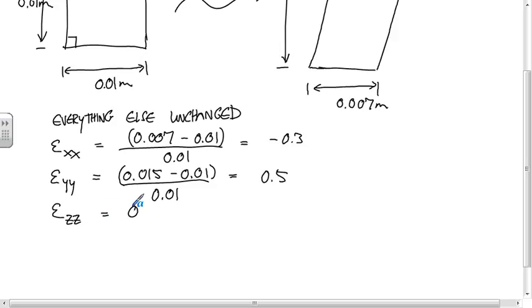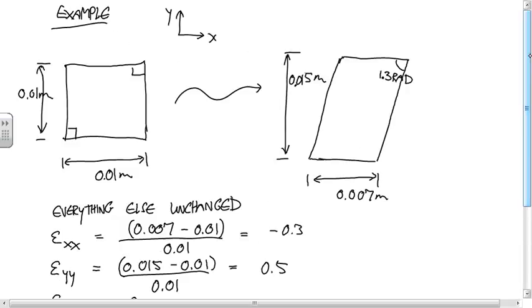And now we go to the shear strains. Shear xy is equal to pi over 2 minus... So is this the angle that we want, or do we need a different angle? This is the one we want because the positive x face is this one. The positive y face is this one. And so they meet at this angle.